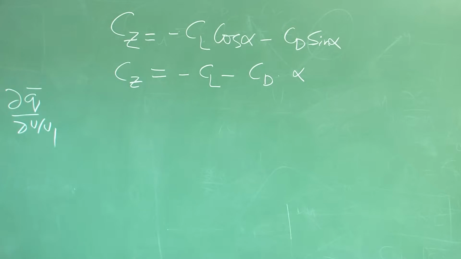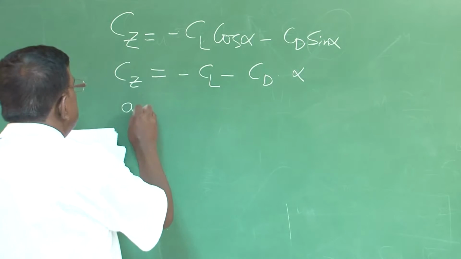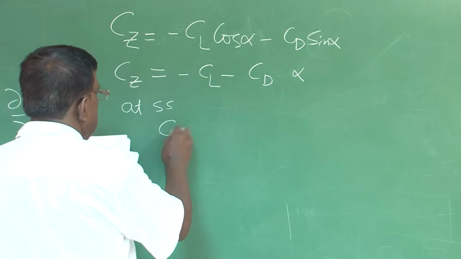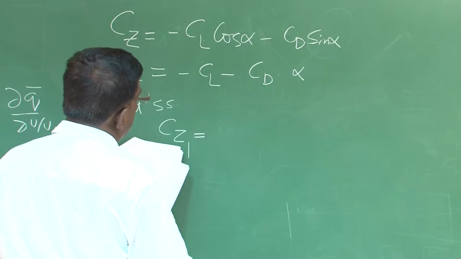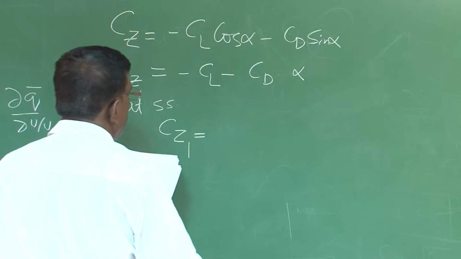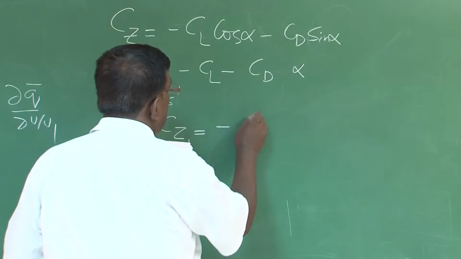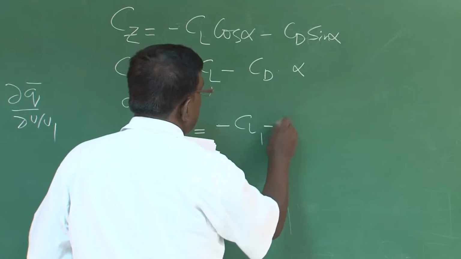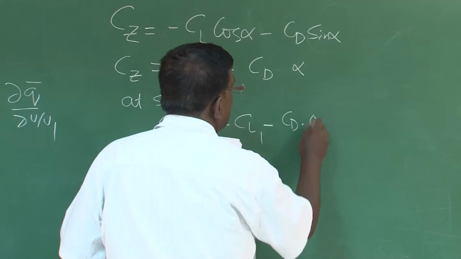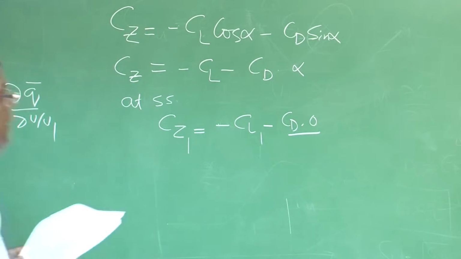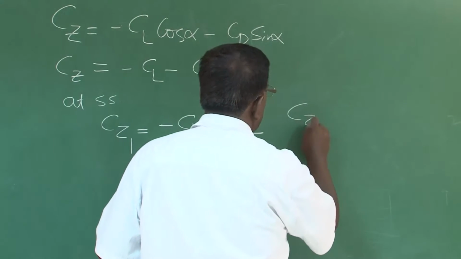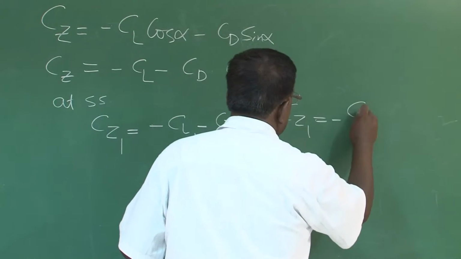Now, if that is true, then I can write at steady state Cz1, by the definition of steady state and the notation we are using, as minus CL1 minus CD into 0, because alpha perturbed is 0 at steady state. So what finally we get is Cz1 is minus CL1.